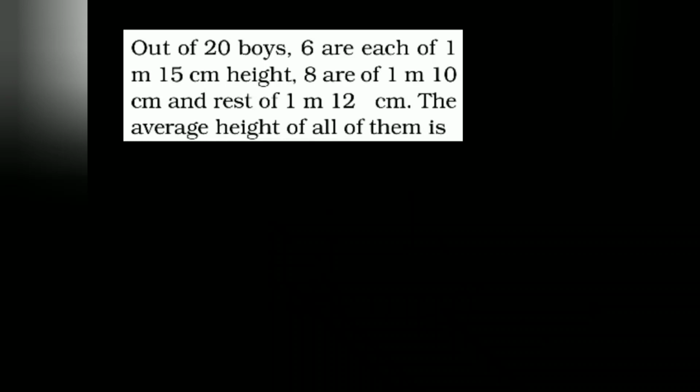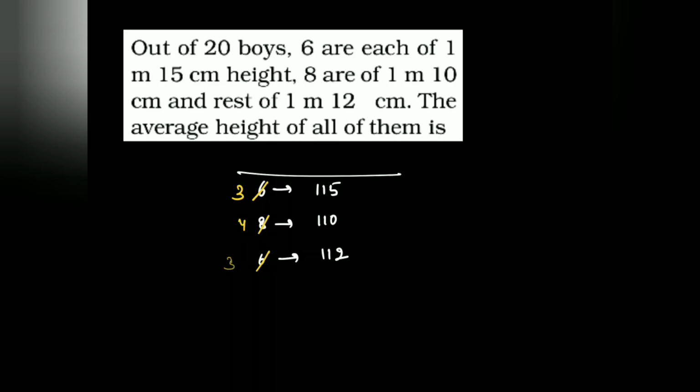Out of 20 boys, 6 are each of 1 meter 15 centimeter height. So I am taking it as 6 members whose height, in centimeters, is 115. 8 of them are 1 meter 10 centimeters, which is 110 centimeters. And the rest, how many members are there? 6, 8, 14. So remaining members are 6. Remaining 6, 112 centimeters I am taking. Simplify the values 6, 8 and 6: 3 here, 4 here, then 3 here.